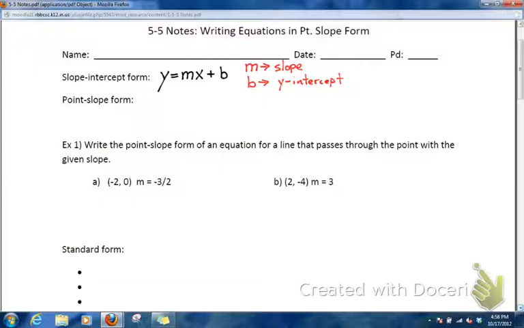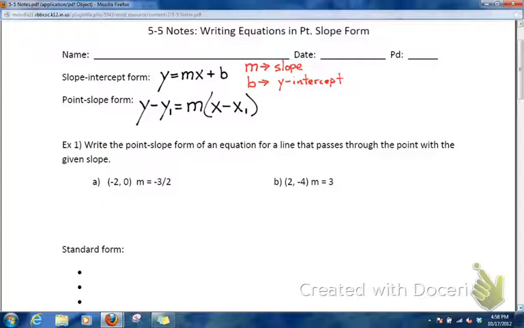So now we're going to talk about point-slope form, and the equation for point-slope form is y minus y1 equals m times the quantity x minus x1. Now again, mathematicians, pretty basic here on their naming of it.